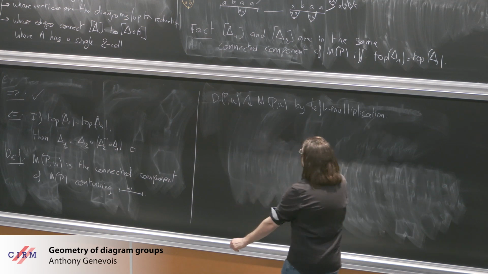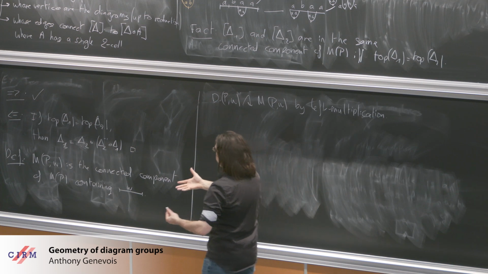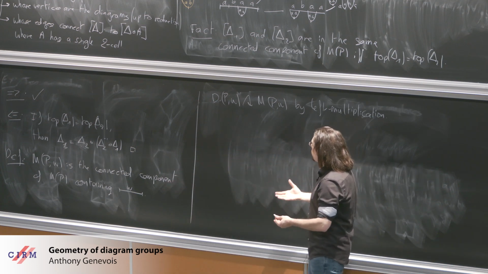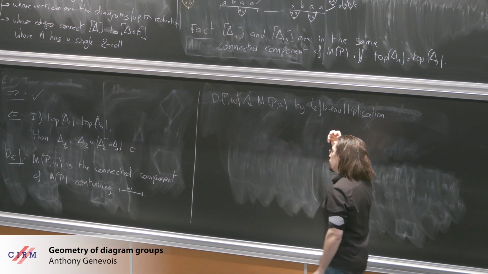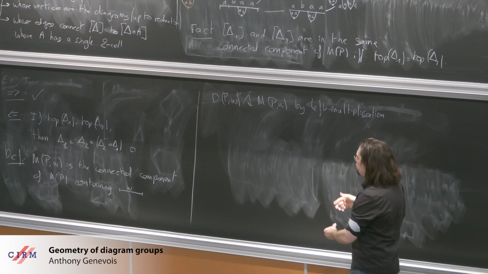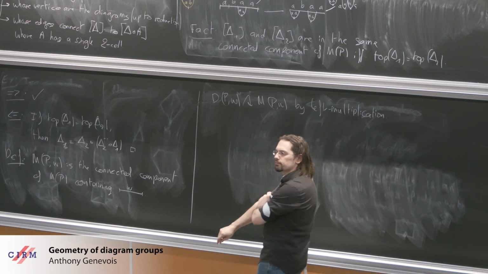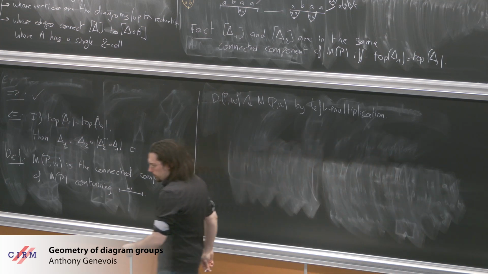And the action preserves the structure of the graph, because if I have two adjacent edges, it means that I can glue something at the bottom, but it's independent of what I do at the top. So the action sends edges to edges and non-adjacent vertices to non-adjacent vertices.